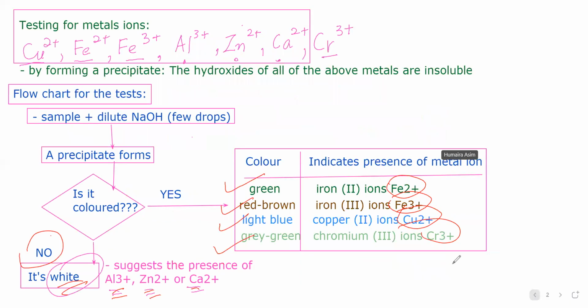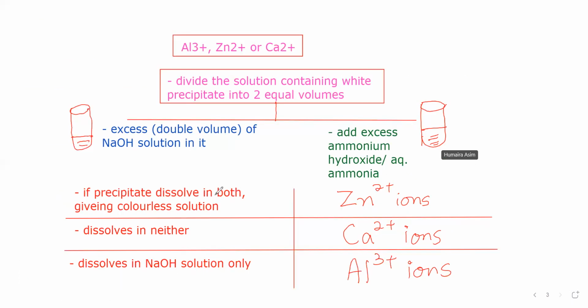Let me show you on the previous slide, right? We had all this. If green, it was iron 2; red brown, iron 3; light blue precipitate, copper 2; gray green, chromium. And when it was white, how could we identify? For the white precipitate, we use sodium hydroxide solution and ammonium hydroxide, and then we can identify which one, either zinc, calcium or aluminium, is present in our sample.